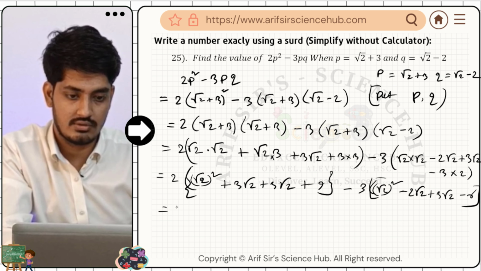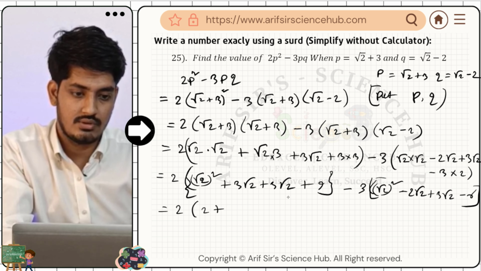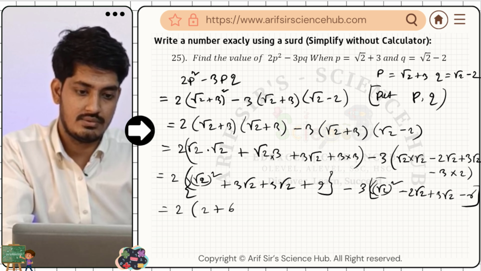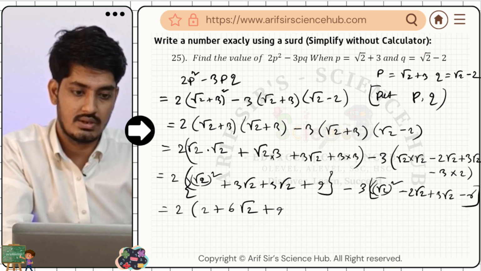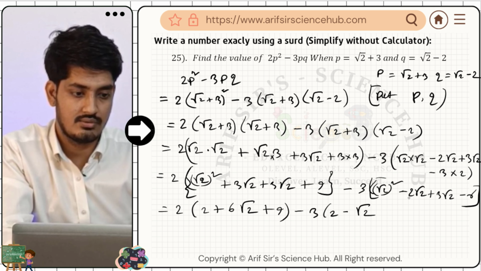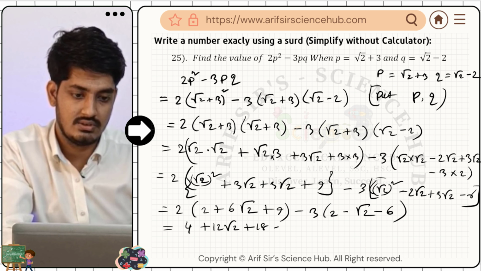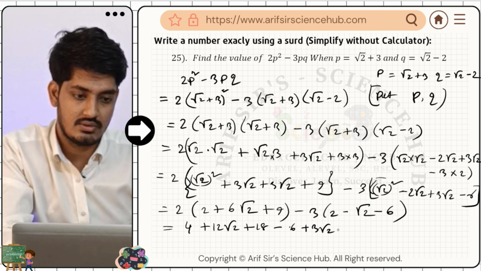So 2 into 2, plus we have 3 square root 2 and 3 square root 2, that means we have 6 square root 2, plus 9, minus 3 into 2, minus... if we subtract this 3 square root 2 from 2 square root 2 and minus 6, then it should be 4 plus 12 square root 2 plus 18 minus 6 plus 3 square root 2 plus 18.